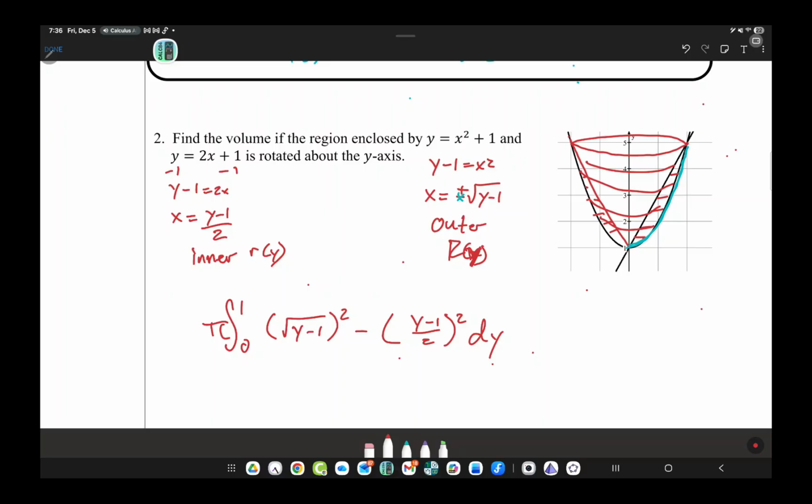And again, you guys can put this in a calculator. I'm not going to worry about actually finding the value of this. I just want to make sure we know how to set things up. 0 to 1 and 0 to 5. Oh, 0 to 5. You're correct. Thank you.